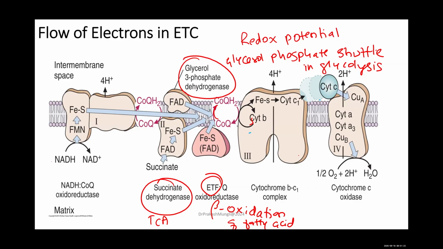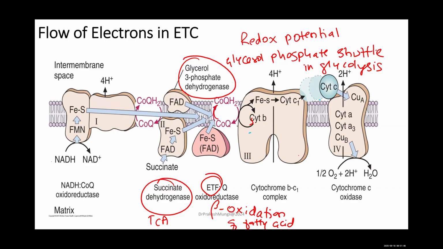Depending on which type it is, what the metabolic activity of that cell is, where you are looking. If you're looking at the TCA cycle, your complex 2 is succinate dehydrogenase. If you're looking at beta oxidation of fatty acid, what is your complex 2? ETF, electron transferring flavoprotein. Remember flavoprotein, riboflavin.